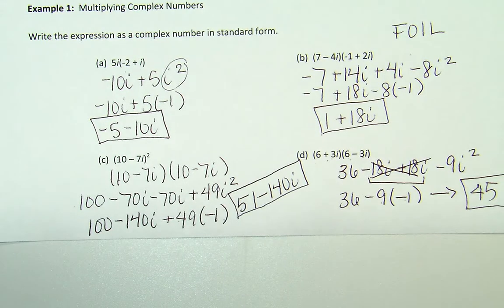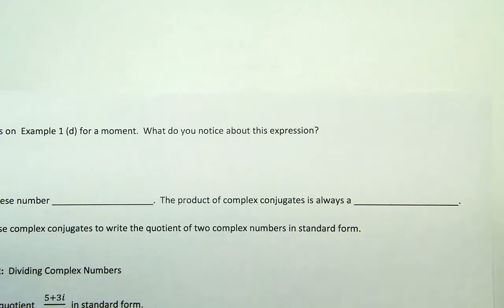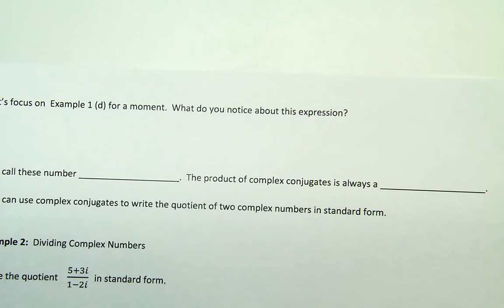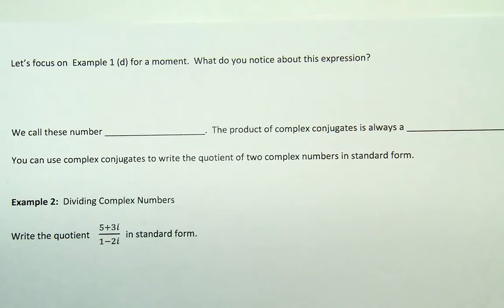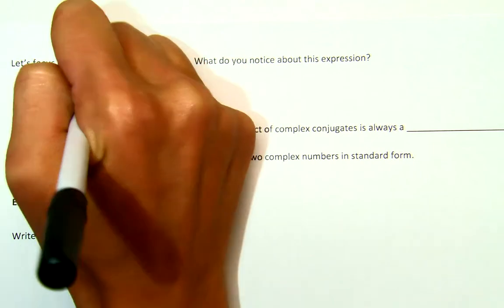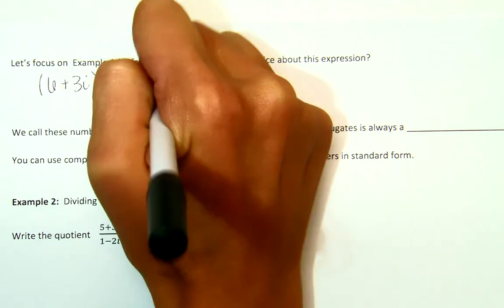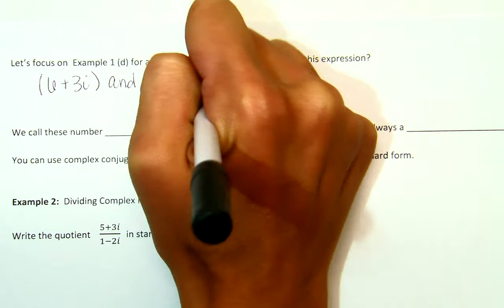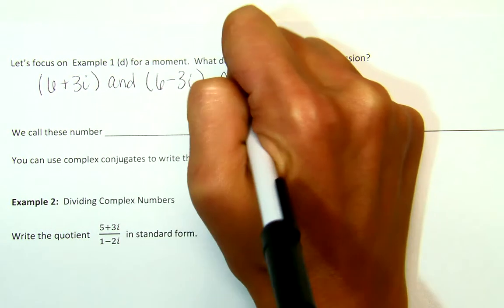So let's focus on example 1D for a moment. That's the one we just got 45 as our final answer. So let's focus on this expression for an extra minute. What do we notice about this expression? Well, the first thing that we notice is that 6 plus 3i and 6 minus 3i are in a certain form.